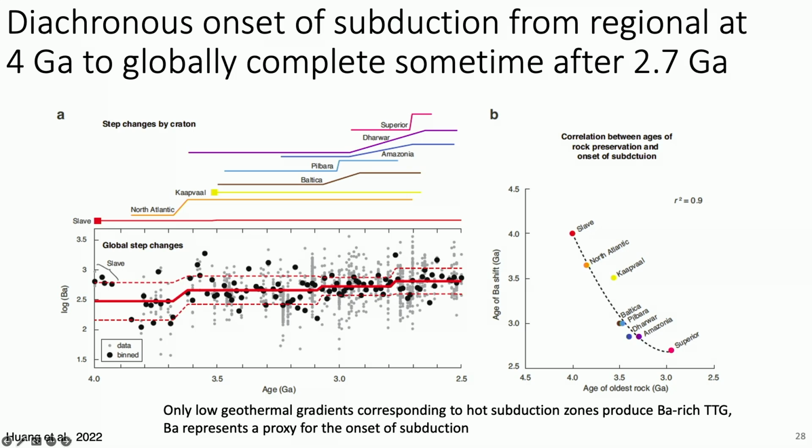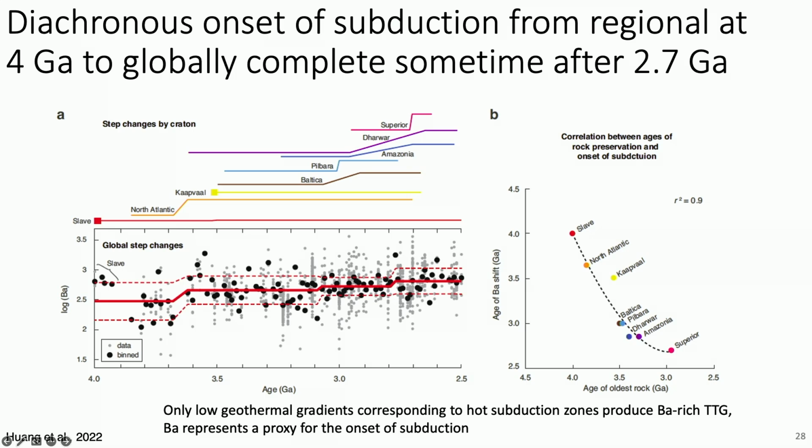So the example that I gave you previously has been sampled in the different cratons. You see they are all here, and what you see is that the beginning of subduction, marked here by this little step, occurs in different locations in these different cratons. It transforms into global step changes, where you can say that potentially subduction started at the surface of the Earth massively, I would say, because it started earlier in some locations.